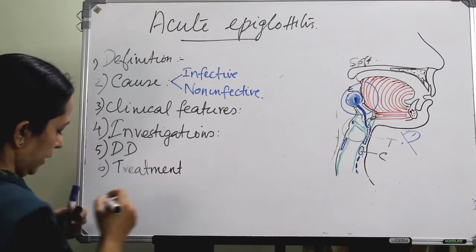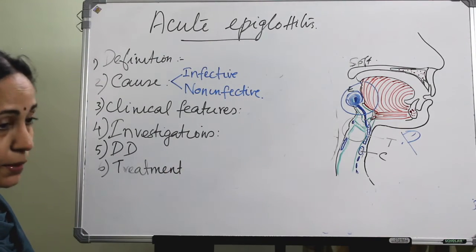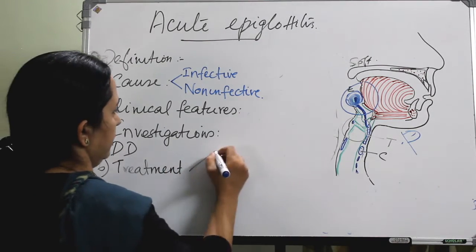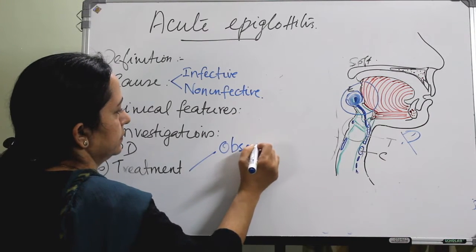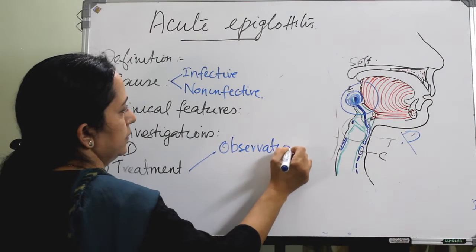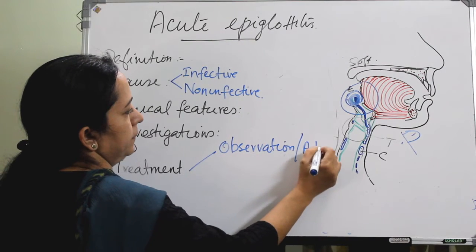First, keep the patient in observation room or admit the patient, and observe for a minimum of 24 hours.